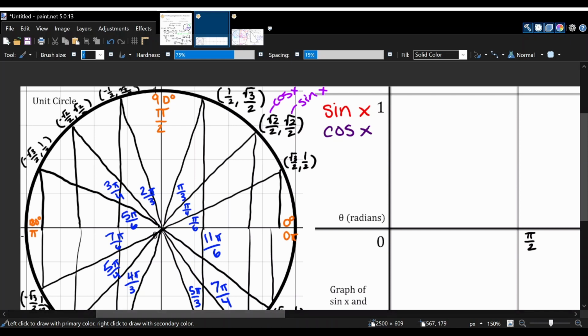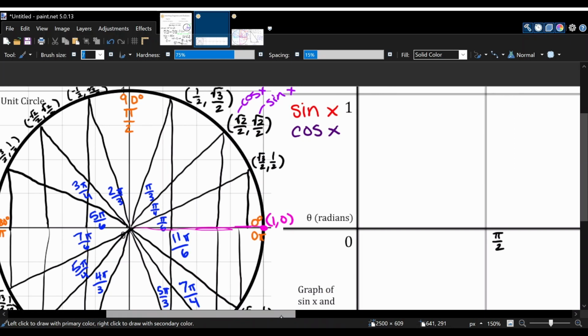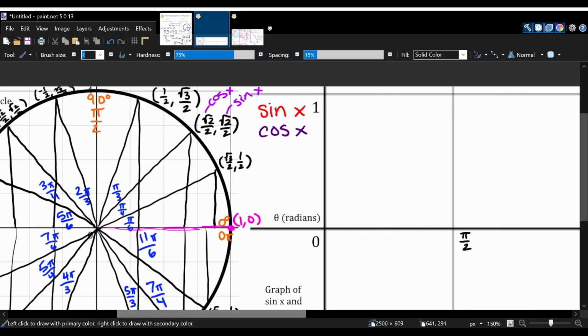So let's just start with 0. At 0 degrees, it's just going to be a straight line. So that intersects with the unit circle at 1, 0, which means that the sine value of 0 is just 0, because that's the y value.